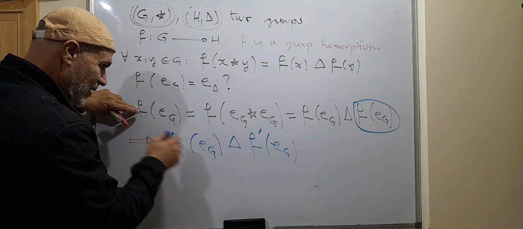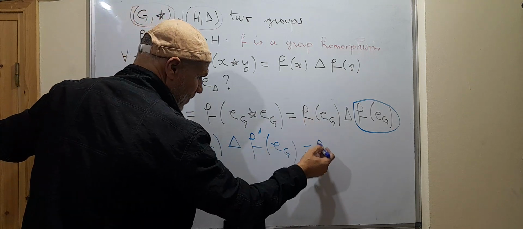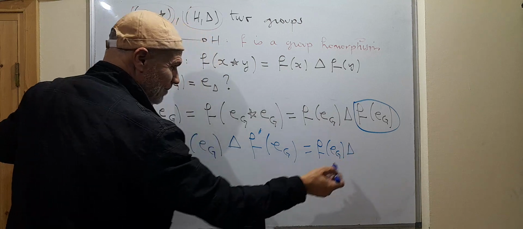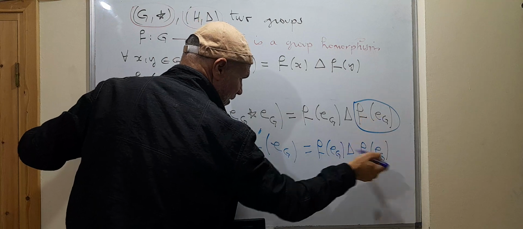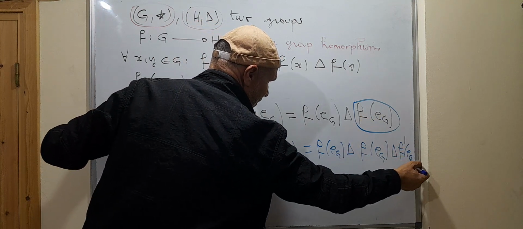This is equal to what? To this one, f of e_G Δ f of e_G Δ f of e_G prime.